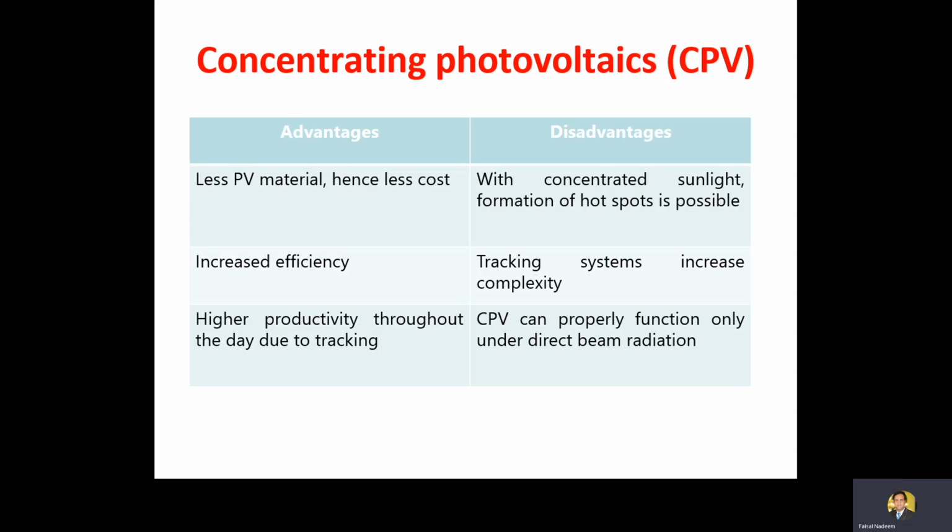Now, if we compare the advantages and disadvantages of concentrated photovoltaic, first of all, less PV material is required, hence less cost. The first advantage is that because it is a concentrated technology, a single cell now produces more current and more power as compared to traditional PV, because of the concentration of the irradiance, or the light rays, on the cell.